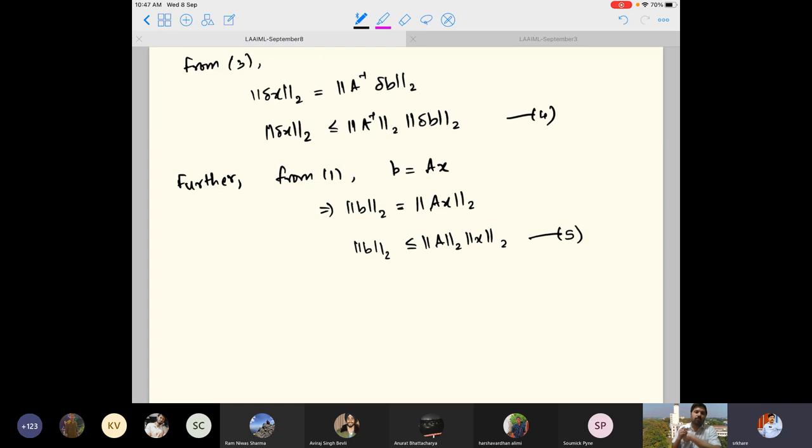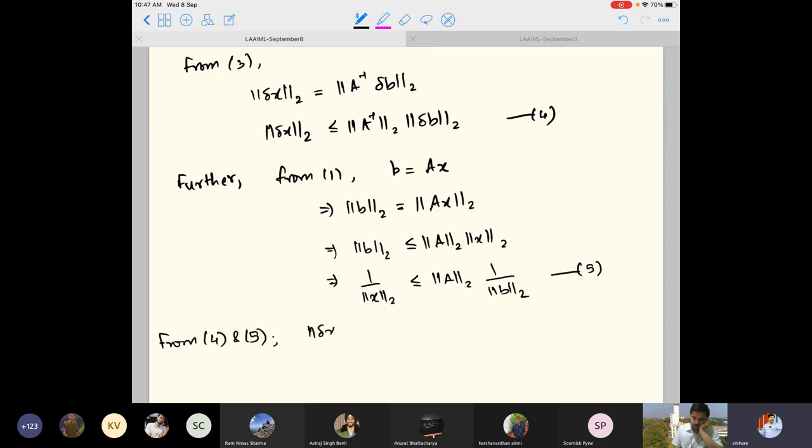And now what am I going to do? This 5 I can rewrite as 1 upon norm of B is less than or equal to norm of A upon norm of x, and I just multiply 4 and 5.